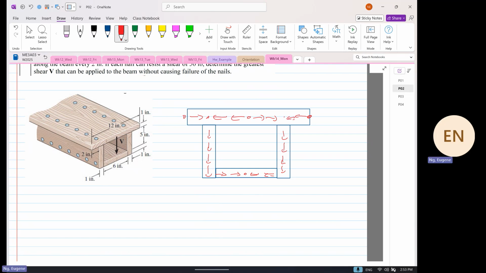So if the number of terminals, we have T1, T2, T3, and T4. Right? Okay. Where I draw in dark, this is where failure will occur.